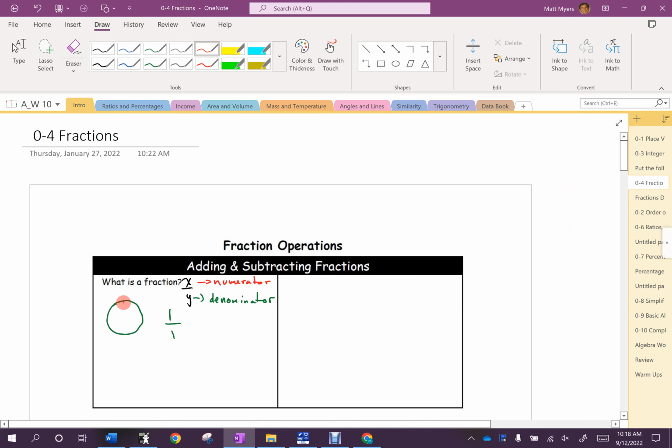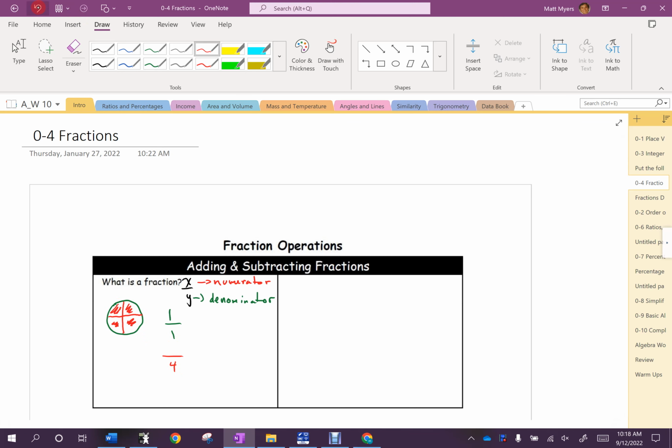What if I cut that circle into that many pieces? How many pieces do I have, Kabir? 4. So that means I have 4 pieces. Now, right now, I have all 4 of them colored in, yes? So what number would I put here? 4, because 4 out of 4 are colored in.